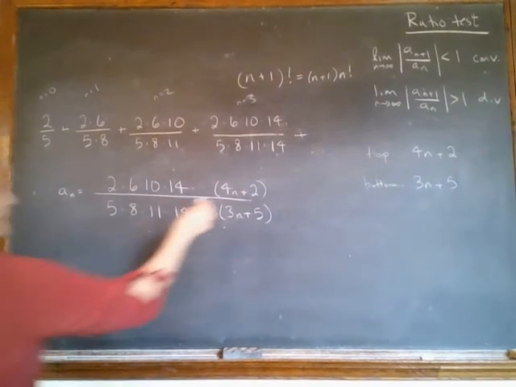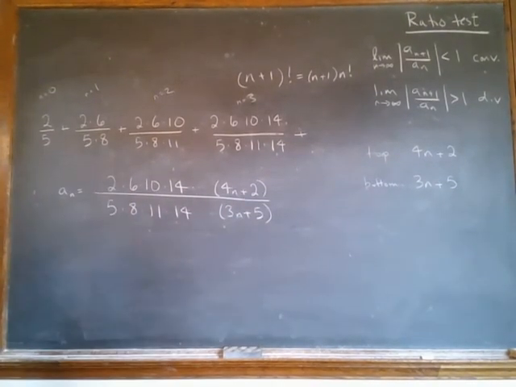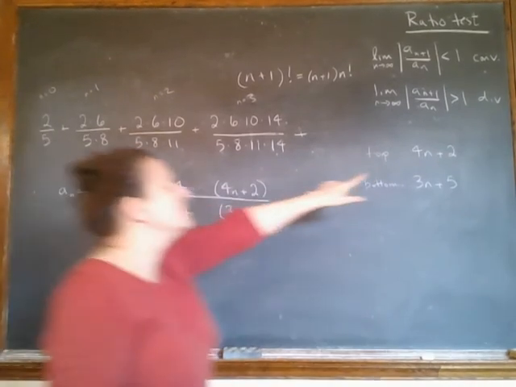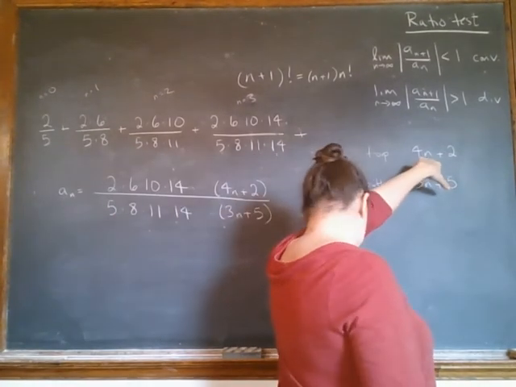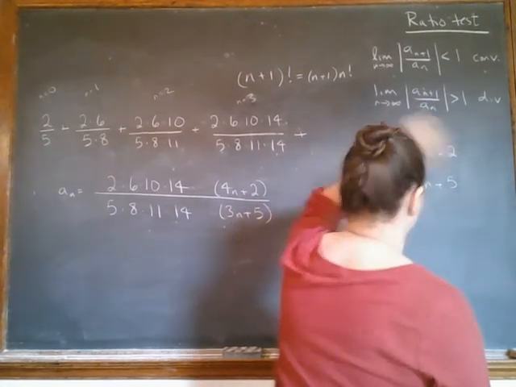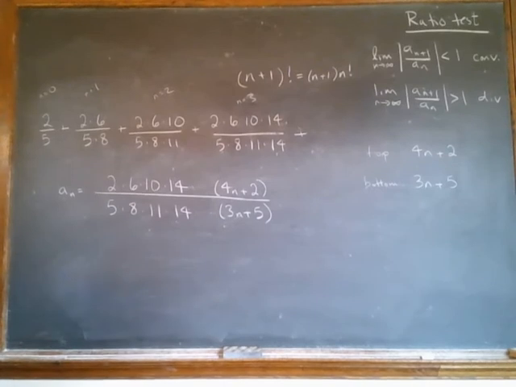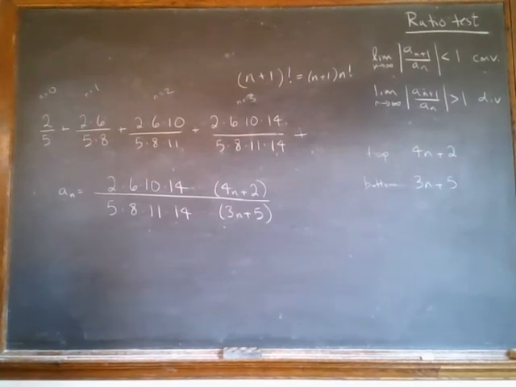My arbitrary nth term, starting, of course, from n equals 0. Now, if you want to start from n equals 1, you have to do it with n minus 1 here. I don't know, it's just easier for me to write it that way. But you can do that too if you want. Anyway, so there's my a_n.